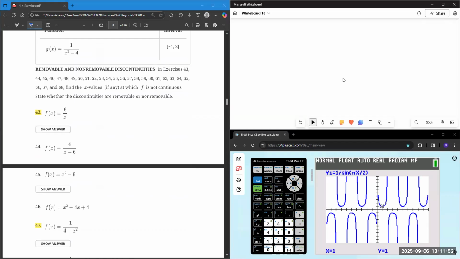This is a non-removable discontinuity at x equals 0. That's a vertical asymptote there.